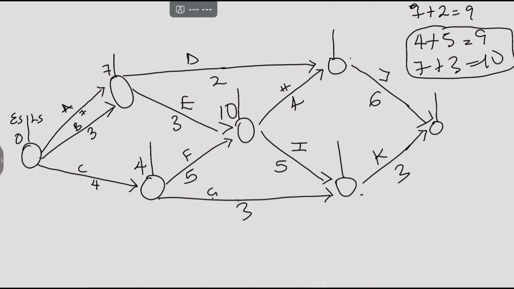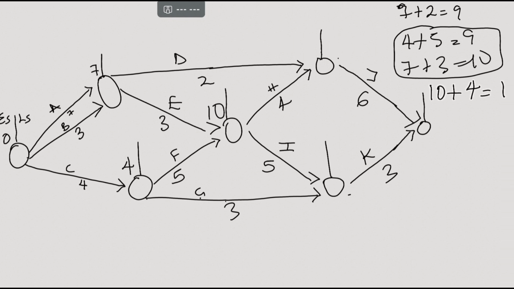10 plus 4 equals 14. And we have 7 plus 2, which is 9. So between this and this, 14 is the highest, so we're picking 14 rather than 9. 14 plus 6 is 20. If we come here, this is 5 and 4 plus 3.